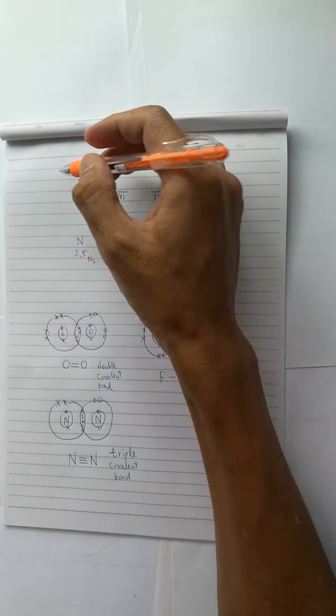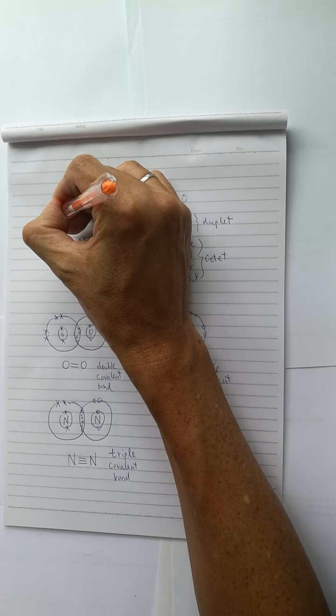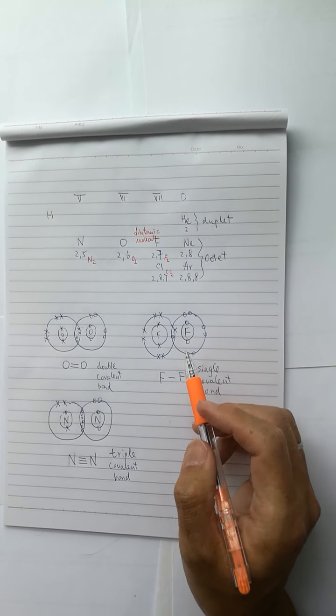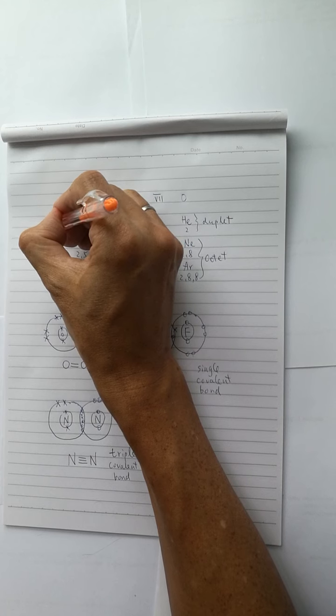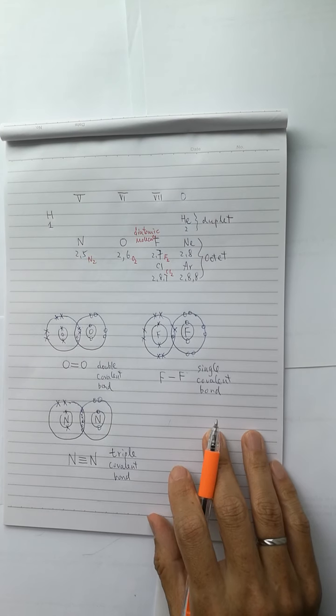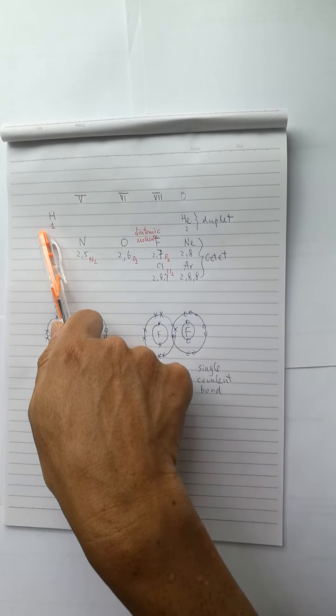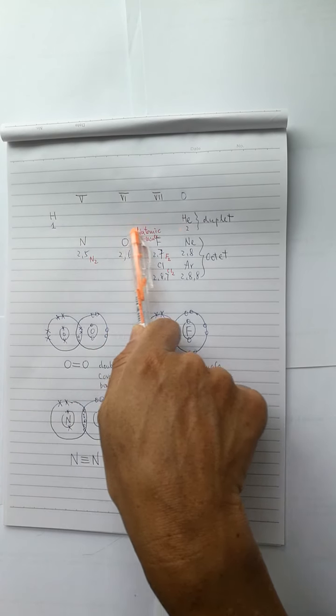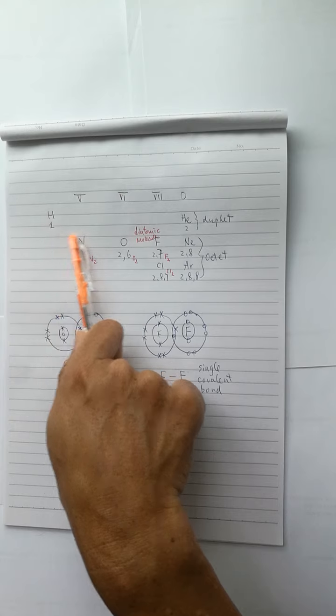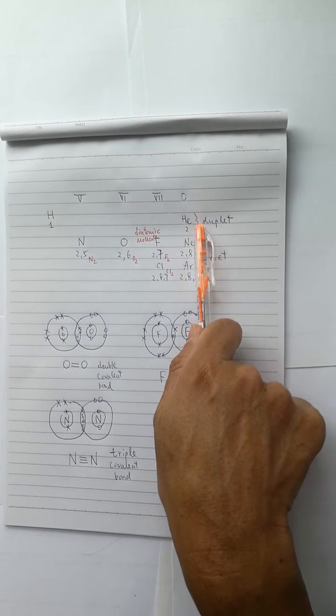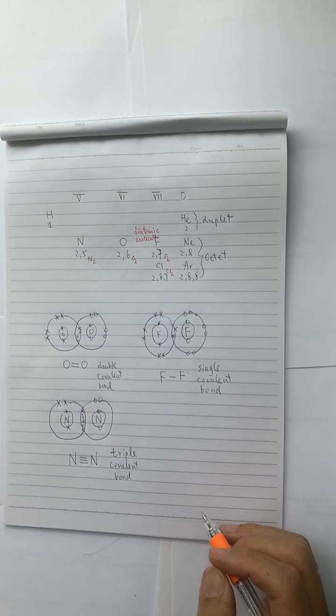And then there is one element which has no group, and it is the H hydrogen. And there is only one electron in the first shell, and for the first shell it requires two electrons to become doublet stable.